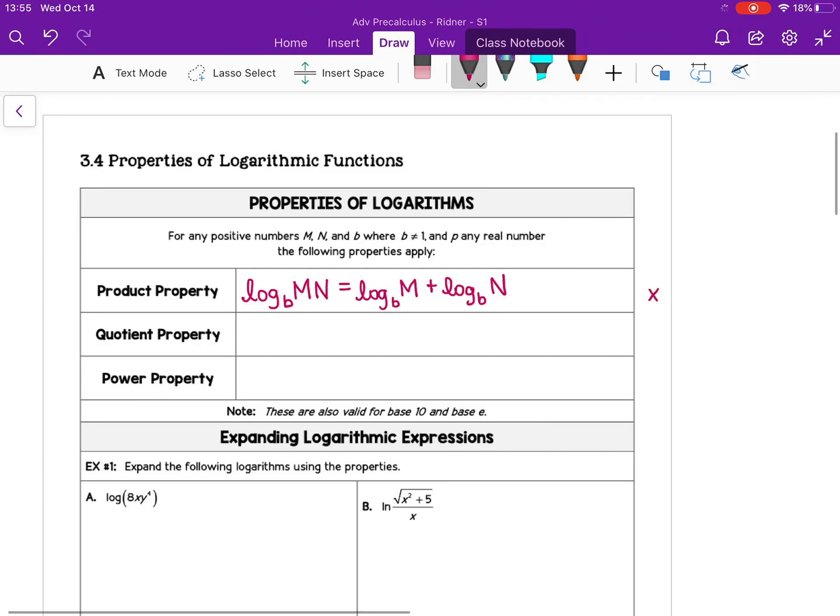And the reason I add is if you think about x squared times x cubed, when I multiply the bases, I add the exponents, right? Same idea, I'm multiplying the bases so I can add the exponents, where log b is the inverse of the exponents, okay? Quotient property is going to be subtraction.